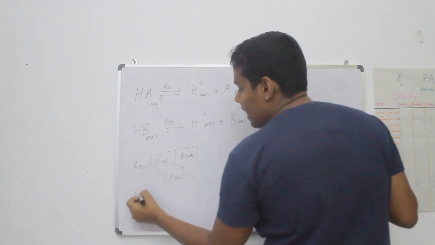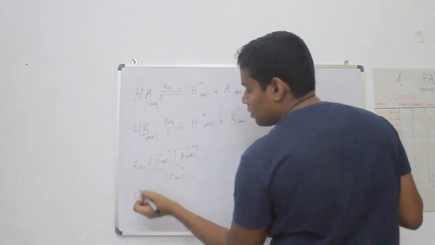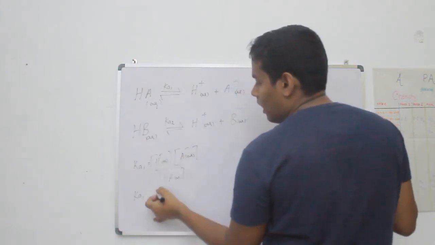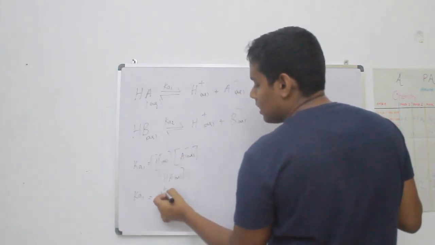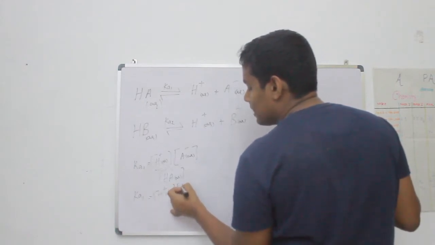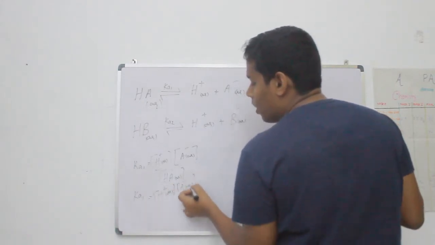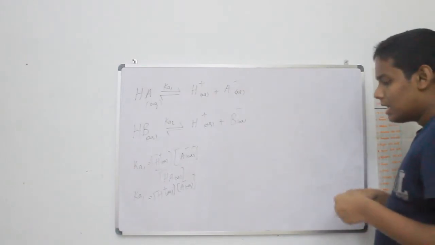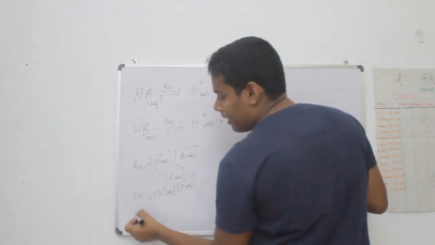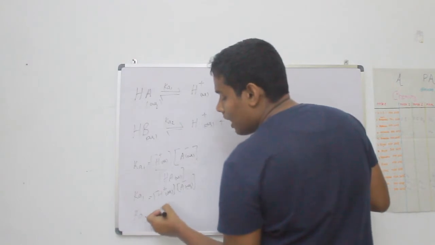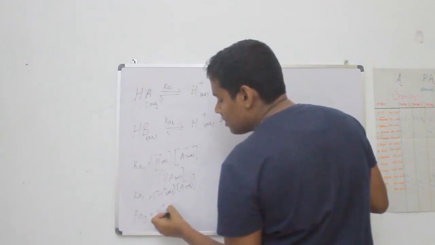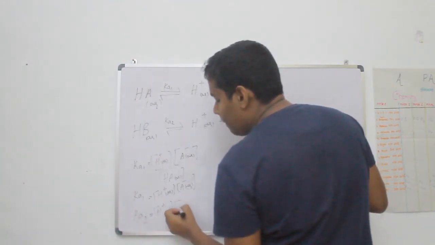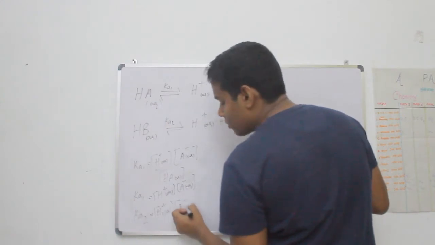So Ka1 equal to H plus aqueous concentration into A minus aqueous concentration. Why? Because HA is 1. Similarly, I can write for HB, Ka2 equal to H plus aqueous concentration into B minus aqueous concentration.